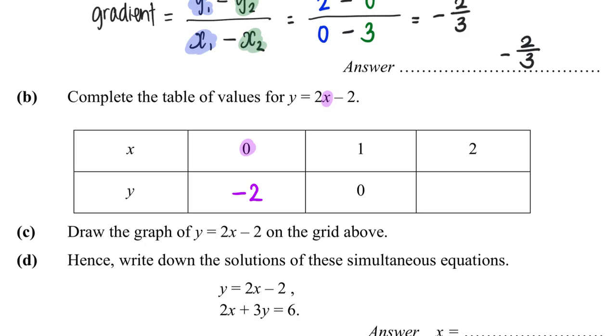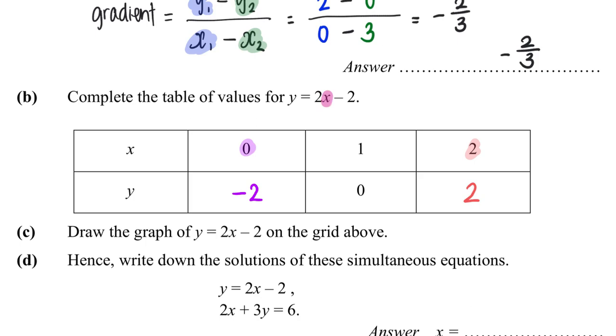Now, my x becomes 2. So now, instead of 0, I'm going to substitute the value of x as 2. So 2 times 2 minus 2, I will get 2.